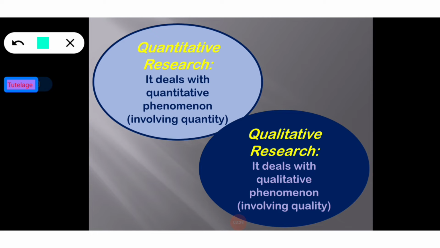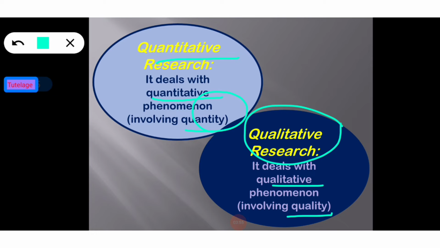From the name we have already known quantitative research deals with the quantitative phenomenon. It involves the quantity or the numerical number, that means 1, 2, 3, etc. And qualitative research deals with the qualitative phenomenon. It involves the quality, not the quantity.